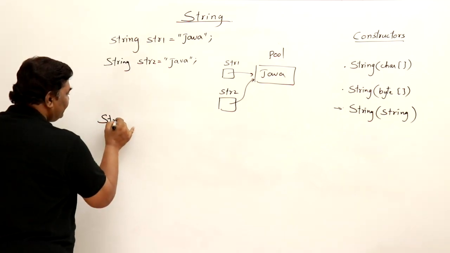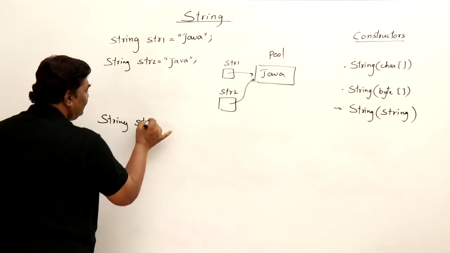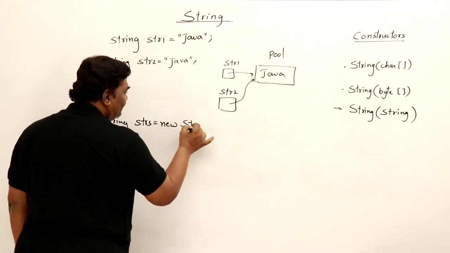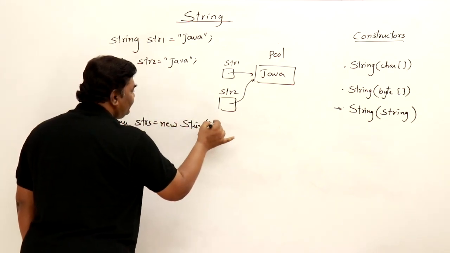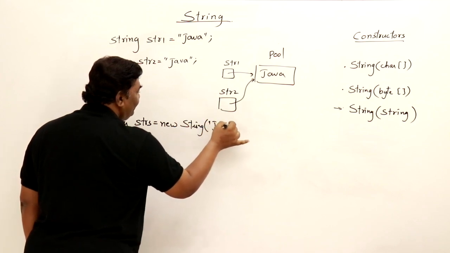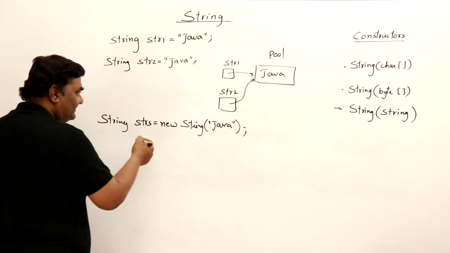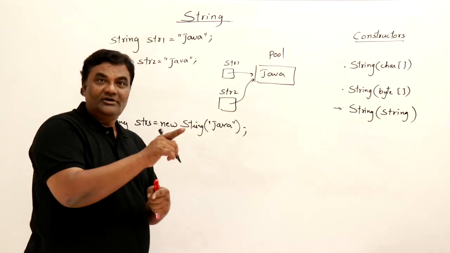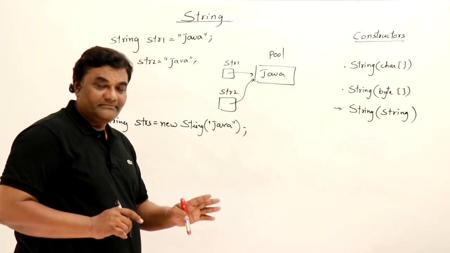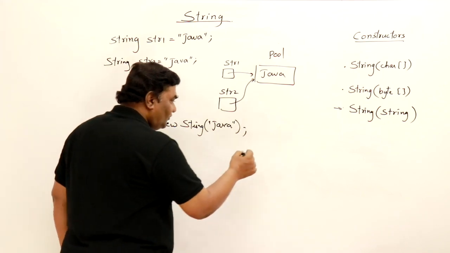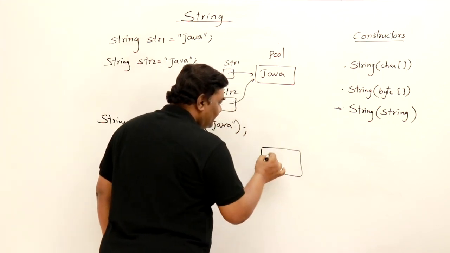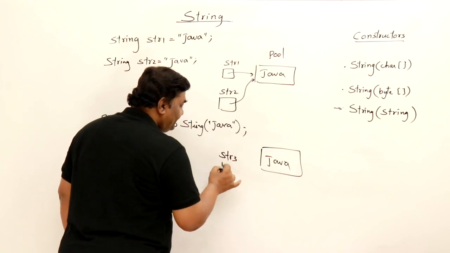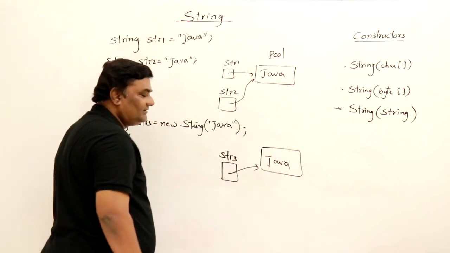Suppose if I say string str3 assign new, when I say new, again I will write string and use same cases, J capital Java, if I declare it like this now. Now I am saying new, so I want new object, I don't want anything from pool. So now this time it will create a new object in a heap. A new object will be created and str3 will be pointing upon that object.